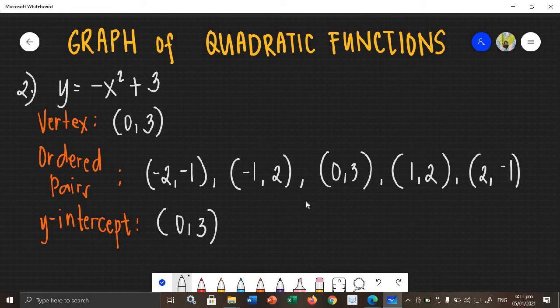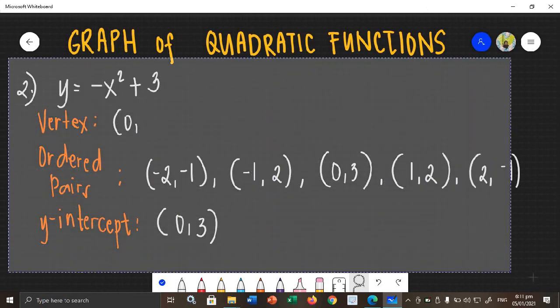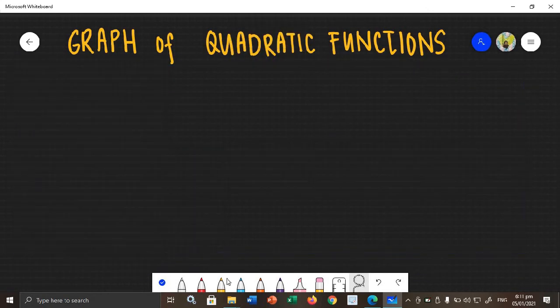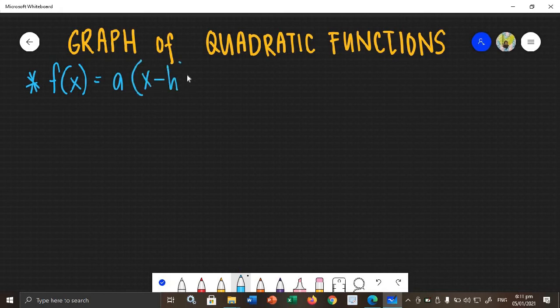Next is the third form, which is the quadratic function in its vertex form. That is f of x is equal to a times quantity x minus h squared plus k. This is the form of quadratic function which is in vertex form. So let's try to sketch the graph of our third example.